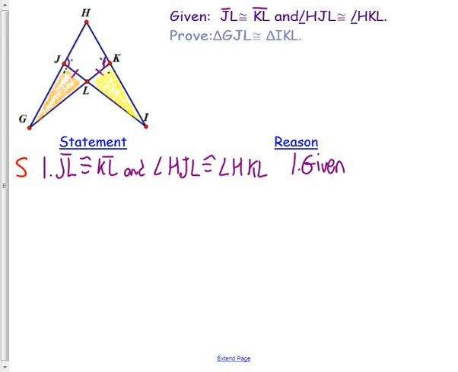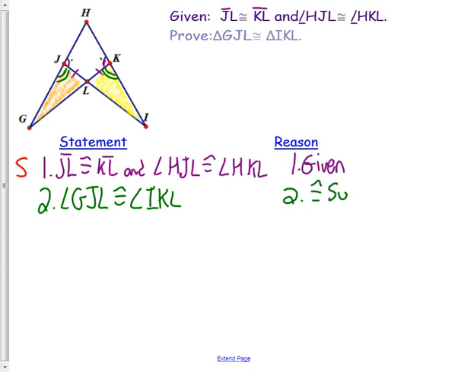These two angles form a linear pair, so they're supplementary. And angles that are supplementary to the same angle are congruent. So we will say that angle GJL is congruent to angle IKL. And this was the congruent supplements theorem.